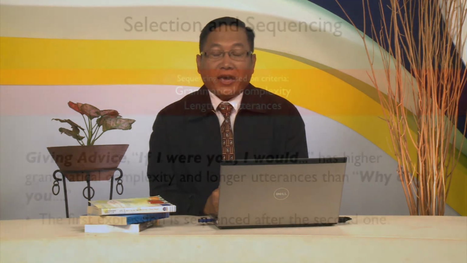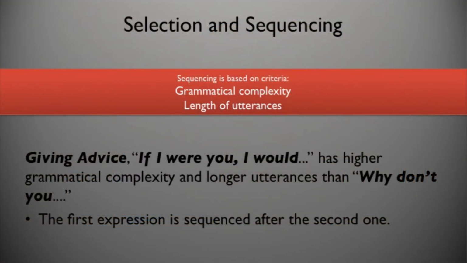The problem is in sequencing those syllabus items. For example, in inviting someone, we have a lot of functions that can be used by the students to invite someone. Now, how do we sequence them in the syllabus? The first criterion that we can use to sequence the syllabus is grammatical complexity and length of utterances.